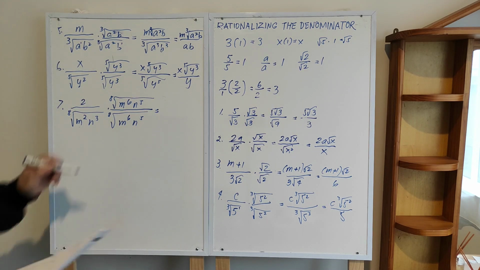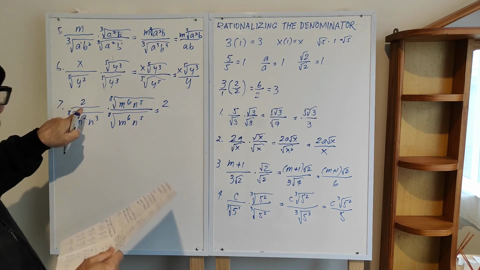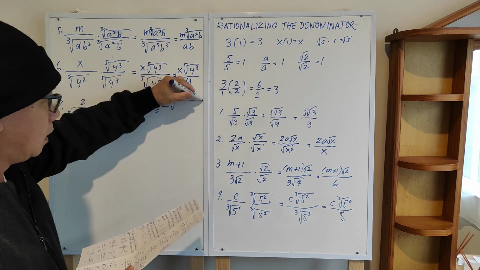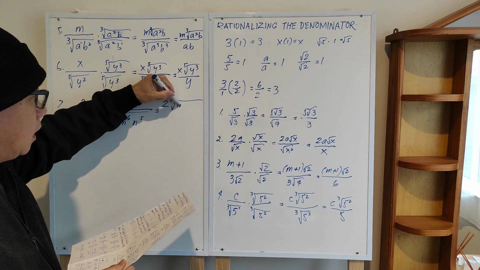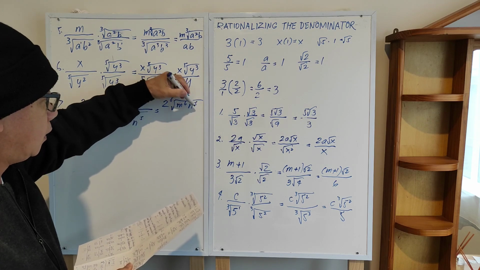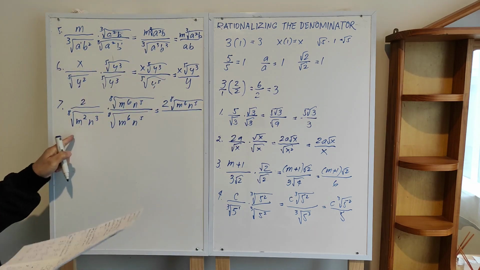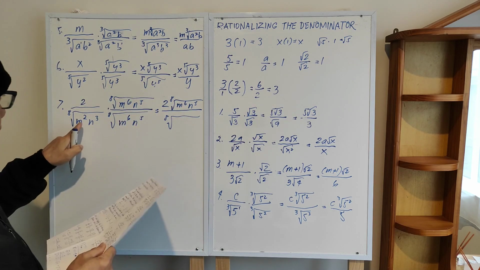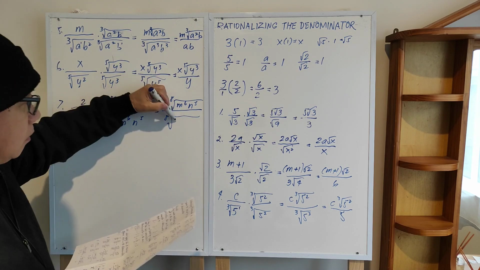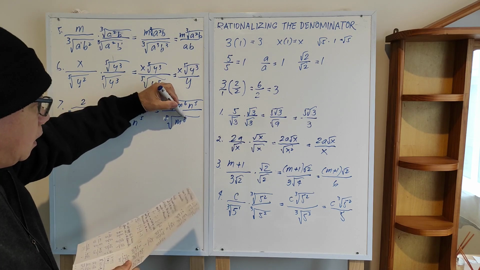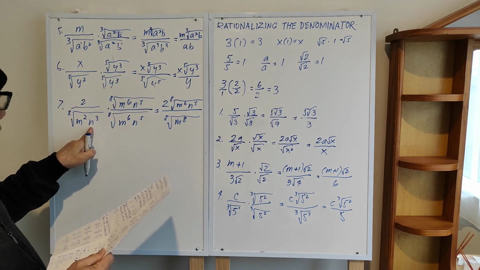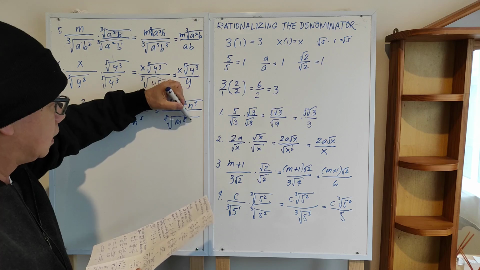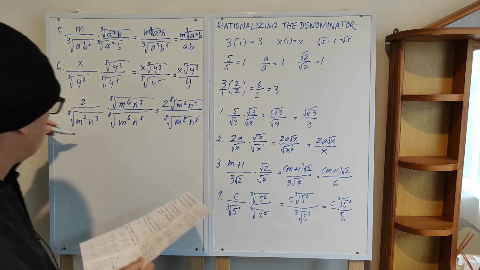So that will be 2 times this one, the 8th root of m to the 6 n to the 5th, over the 8th root of, so m squared times m to the 6 will be m to the 8th. n cubed times n to the 5th power is n to the 8th.